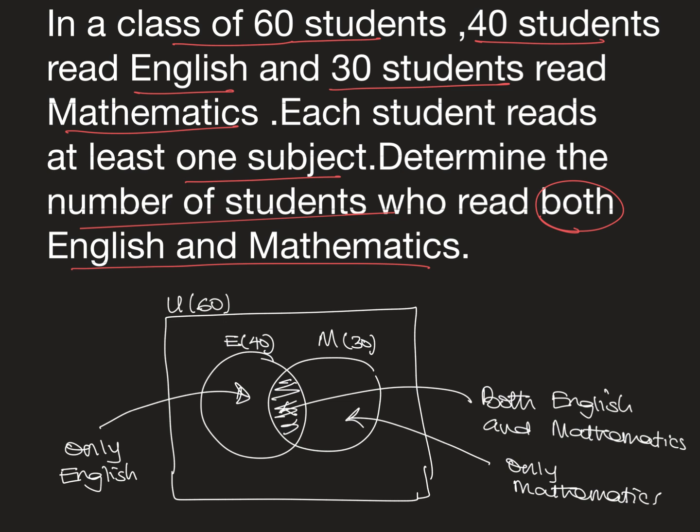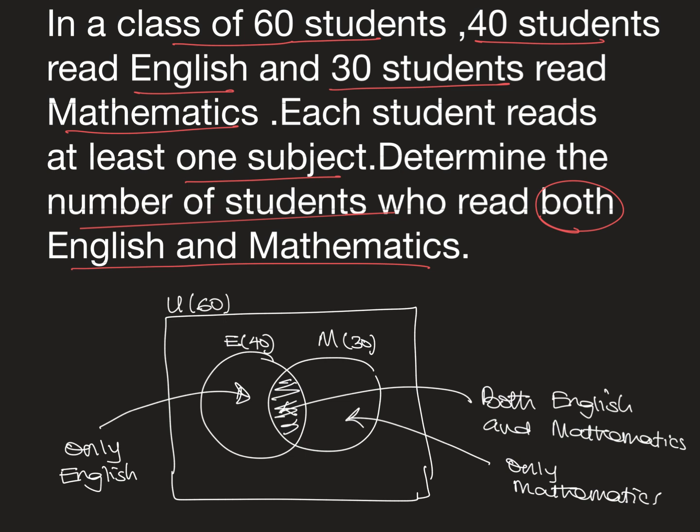Okay, you just have to be very careful with the instruction that is given to you. Read the questions properly. Set problems are not difficult, but you must know what you are dealing with. If I say 40 students read English, that is different from the statement 40 students read only English.